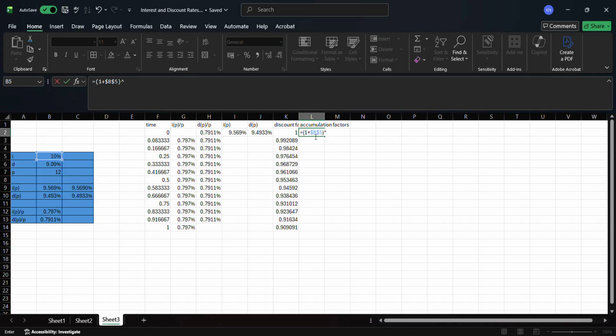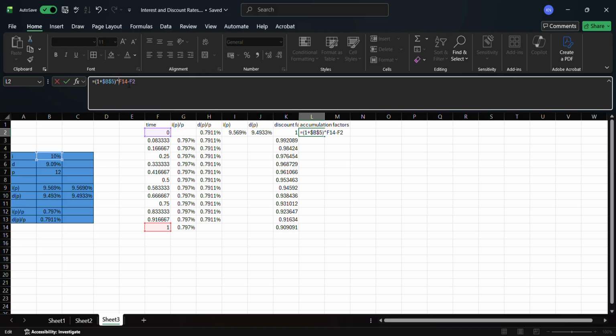The accumulation factors, again, I'm sure you're familiar with the fact that your accumulation factor is 1 plus the interest rate, which I'm going to fix, to the positive power of where you're accumulating to. So here we're from time 0, and we're going to be accumulating to time 1. So it needs to travel a distance of, this is going to get tricky, F4 minus F2.